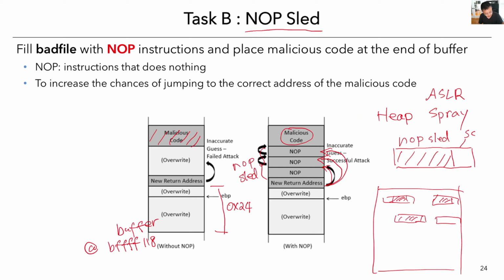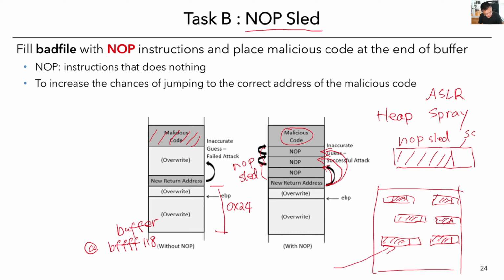So you also know the rough location of the heap. Then you can try to randomly point into the middle of the heap.